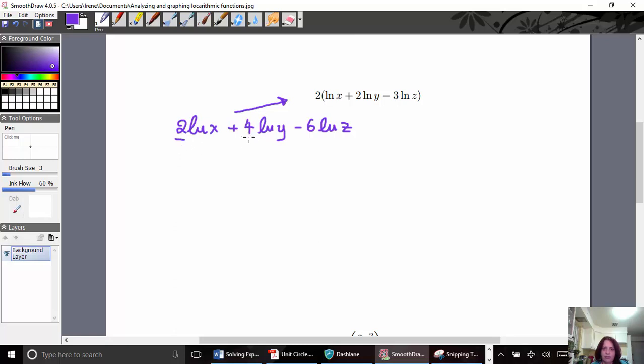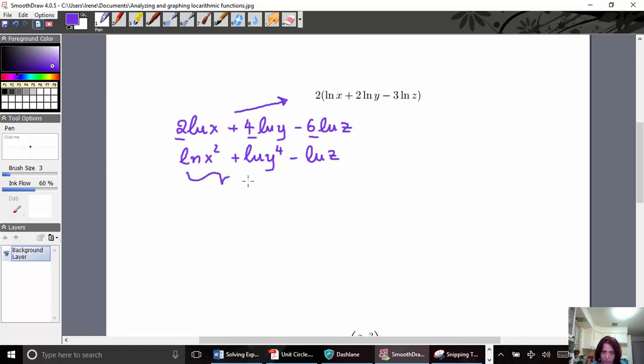The first step is to push each one of the coefficients here to the top, to the exponent of the logarithm. And I have ln x squared plus ln y to the 4th minus ln of z.